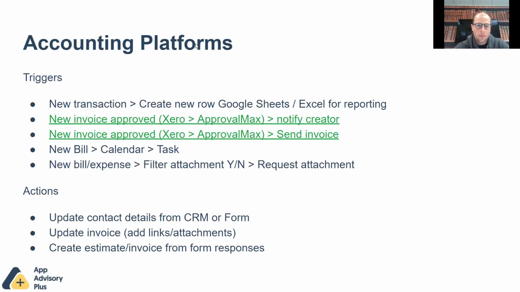So what I want to show you here is what you can do with accounting platforms that link to Zapier. As far as I'm aware, there are only really 3 accounting platforms with Zapier integrations: Xero, QuickBooks, and FreeAgent. The FreeAgent one is not very sophisticated compared to Xero and QuickBooks, and you can do a lot more with those integrations.